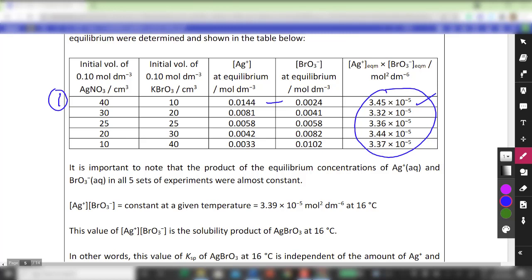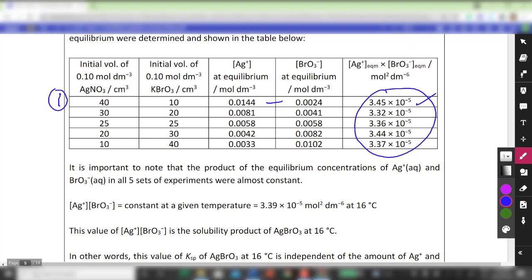This is a very important idea, because some students have the impression that the amounts of the insoluble salt's cations and anions in the system must be of a certain ratio. This is not true.